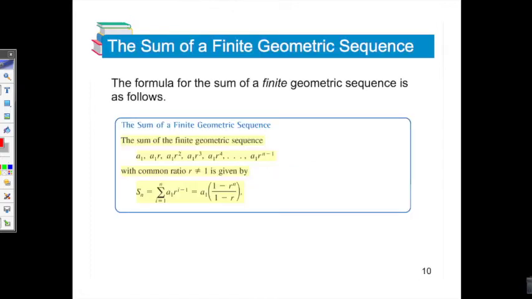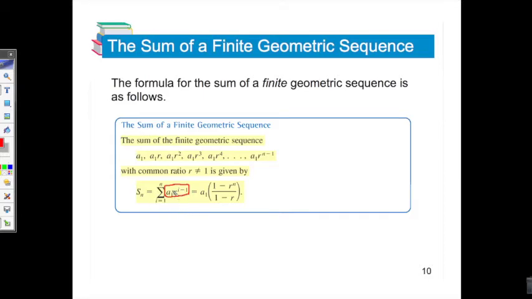Now let's look at how we find the sum. I already know that this is how my geometric sequence is going to look. I also already know that this right here is how I represent a geometric sequence as an expression: the first term times the ratio raised to the variable minus 1.